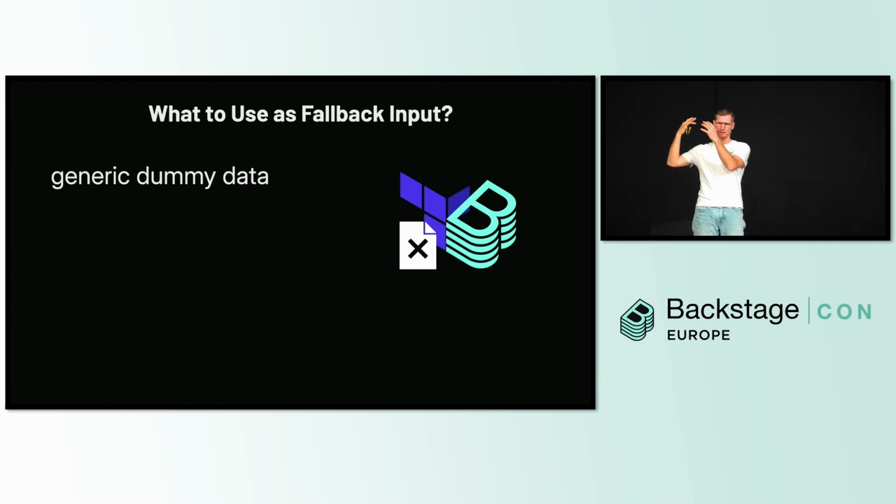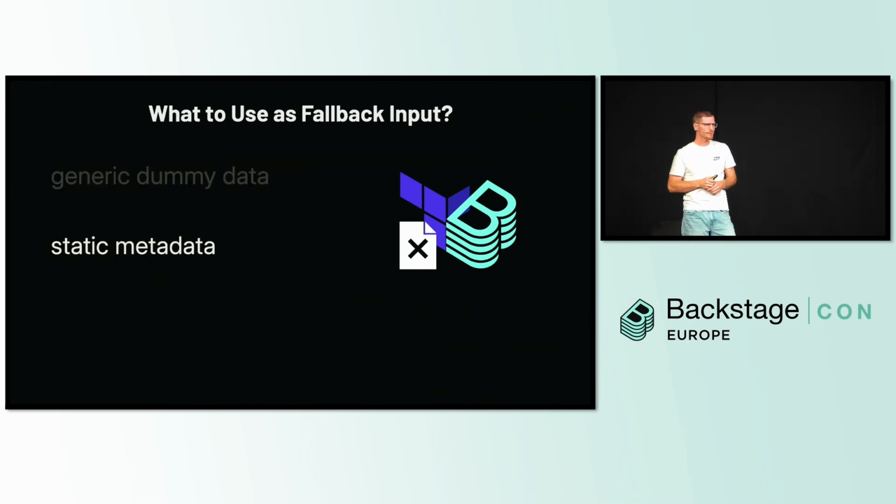It would wipe clean all labels we have and create a lot of drift. It's not really nice. We could use static metadata, so users define the fallback data in their stacks, but then we're back to the start, where we have two sources of truth. And in case of a fallback, it would also create a lot of drift.